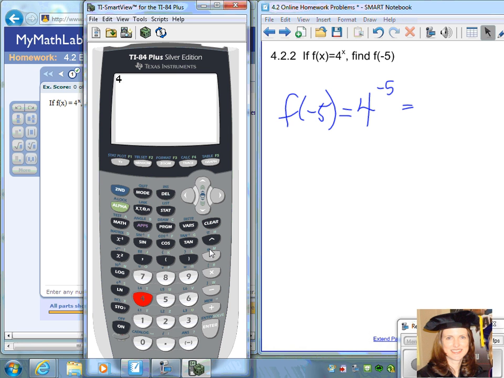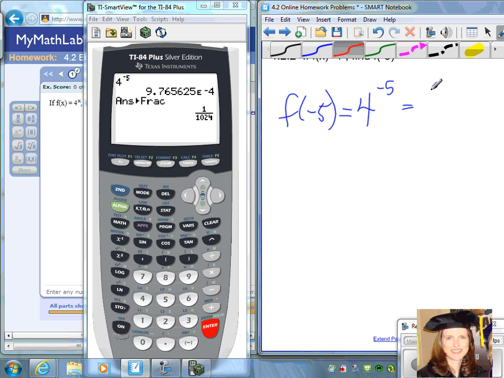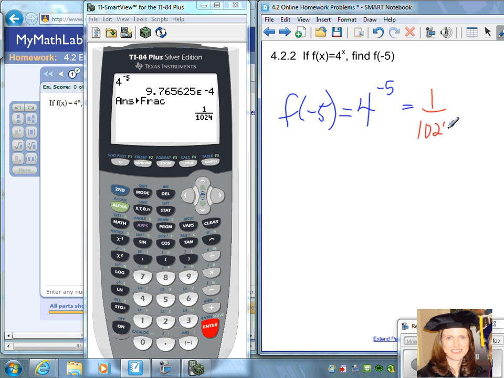So if you do 4 raised to the negative 5 power, you typically will get a decimal answer. We want to write this as a fraction by pressing on the graphing calculator, convert that answer to a fraction, to get 1 over 1024.